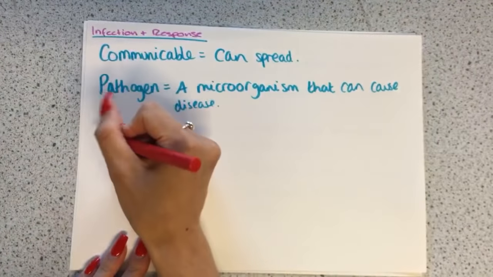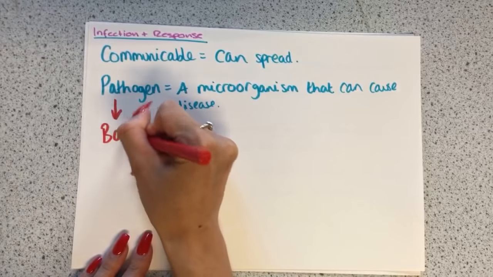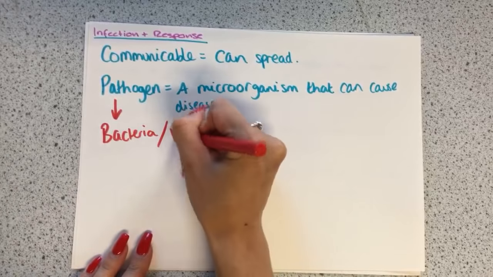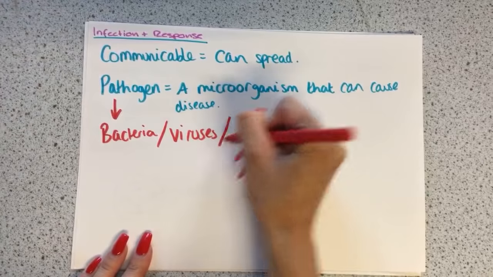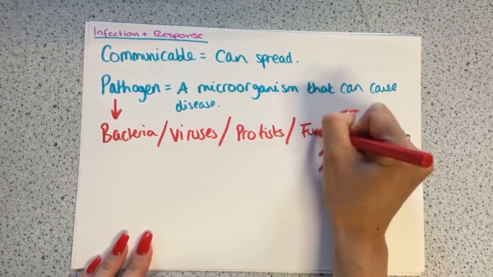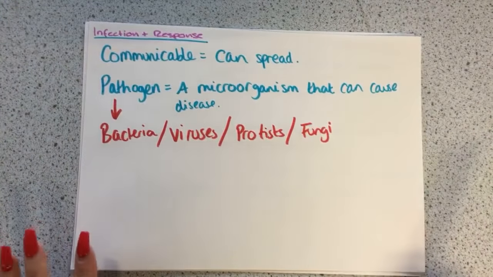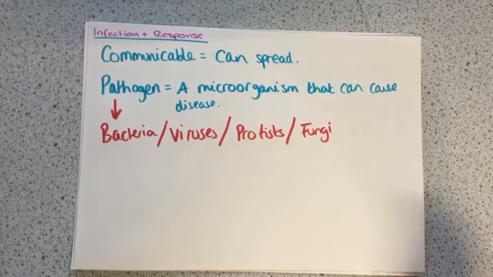And then you've got protists and fungi. And then you need to know a bit more about how bacteria and viruses cause you harm, and then you learn about different diseases to do with each type of pathogen.